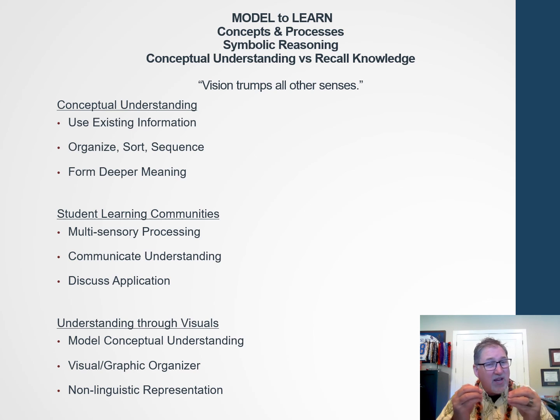It's about again supporting that student learning community of multisensory learning, communicating our understanding, discussion of our application of our learning, and then really understanding things through visuals, that we actually have a model. We model conceptual understanding. We use visuals or graphic organizers, and at the very least, we just use a picture. We could have kids draw a picture before they write an essay, things like that. All right.